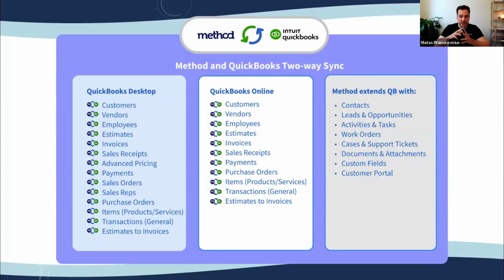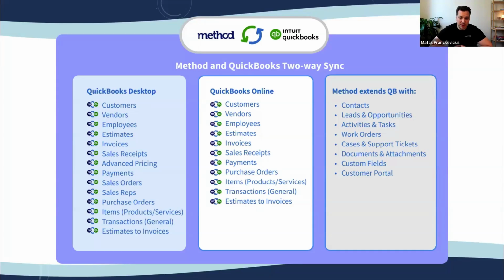But crucially, if you look on the rightmost side here, it actually extends the functionality of QuickBooks with contacts, leads and opportunities, activities and tasks, work orders. Super important if you are thinking about your client, not just sending out estimates and getting invoices back and payments, but actually implementing that work with maybe some field service reps, or maybe they have a complex workflow, and you want all of that work to be accurately reflected back into whatever is happening in QuickBooks in terms of the items, in terms of the estimates, the invoices, any adjustments.